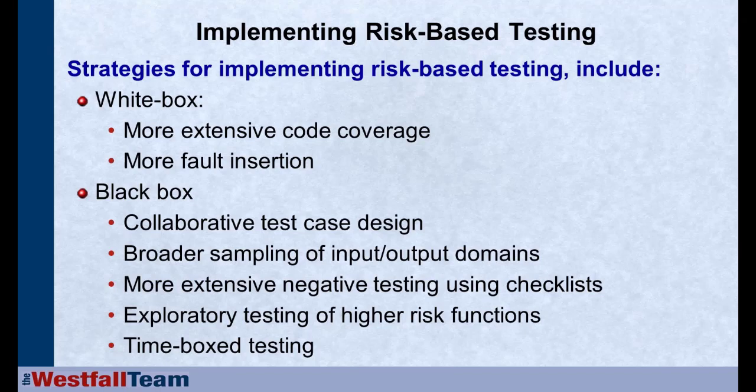Therefore, if they run out of time, they've tested the highest priority test cases, and their higher priority components are being given more time. So you're time boxing your testing effort, ensuring that all the high risk stuff has more extensive testing, that you're spending more time on it, that you're running more test cases against it. The lower priority stuff, not so much.